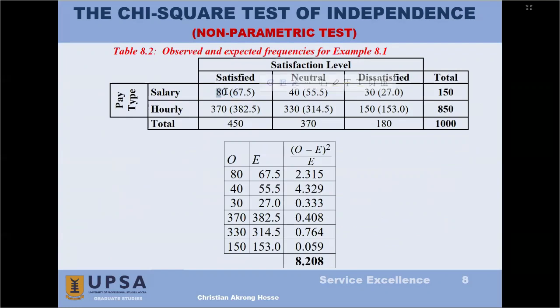The 80 is called the observed value, and the one in the parentheses is called the expected value. The observed is always given in the exams as part of the question. But how do you determine the expected? Take your calculator and I'll show you.